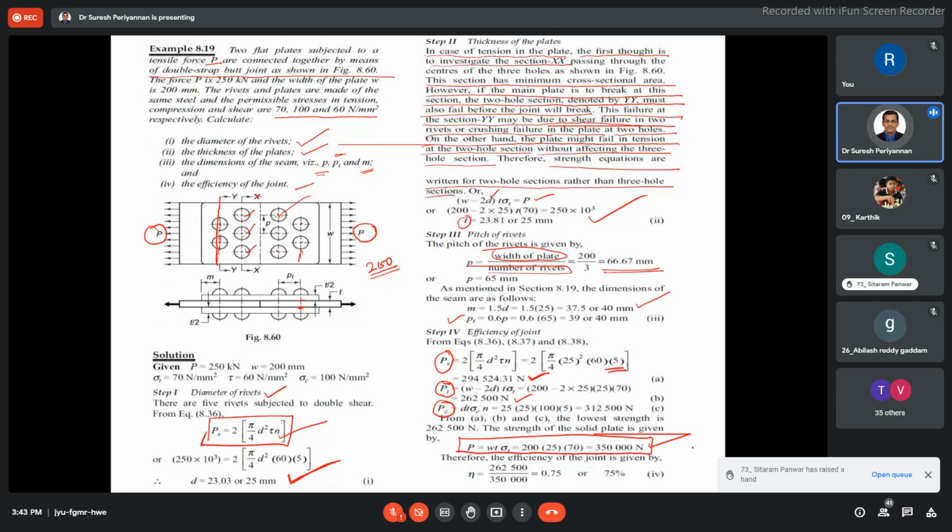Then the efficiency of the joint is nothing but the numerator, the least value from PS, PC, PT, divided by our solid plate strength. This will give you the efficiency. Efficiency is equal to 75%. Do you have any doubt in this question? Hello? Okay. No, sir. Okay.